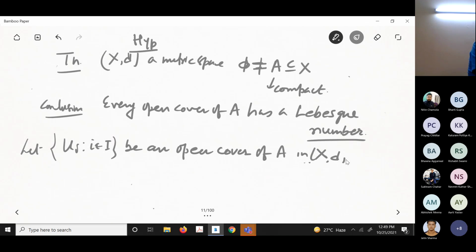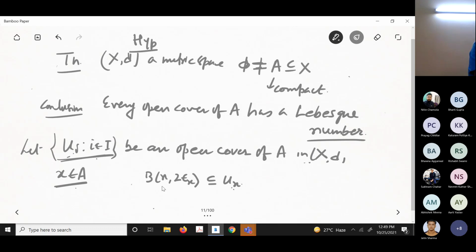Now look, use the definition of the Lebesgue number. So pick any point x belonging to A. Now {Ui} is an open cover, so x belongs to some Ux, a member of this cover.